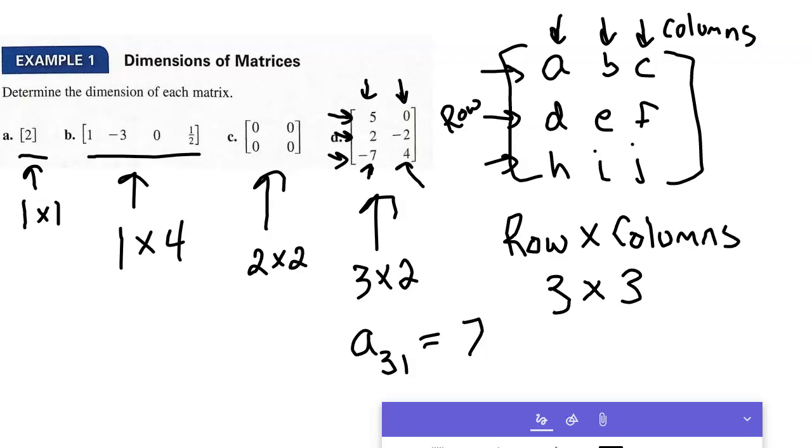Over here, A22 would be E, because it's 2 down, 2 to the right. A23 would be F. They subscript that little number at the bottom.